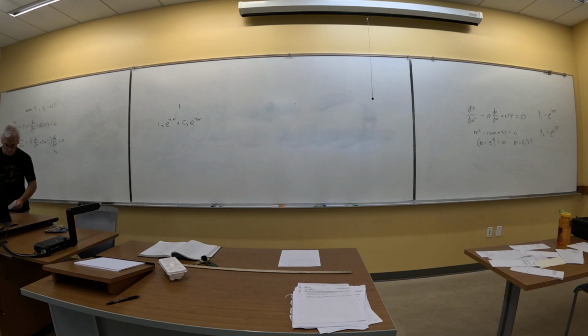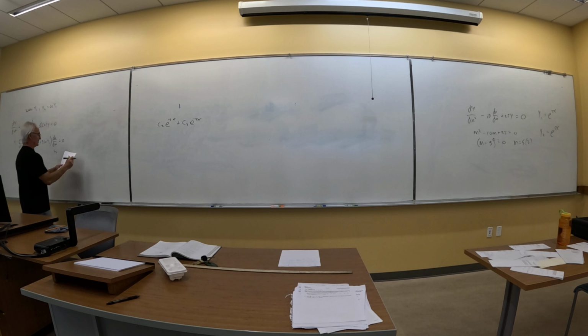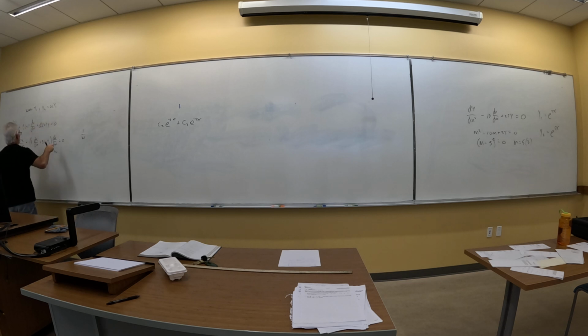So the form that I'm going to get when I do this looks like this: 1 over w, assuming I've made this substitution. So you're going to divide everything through by y1. Let me do that first. That one's just gone.